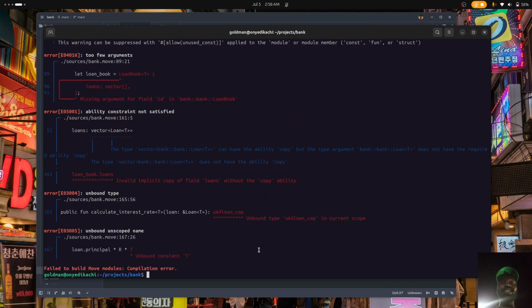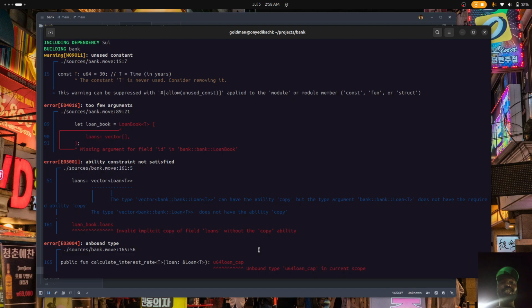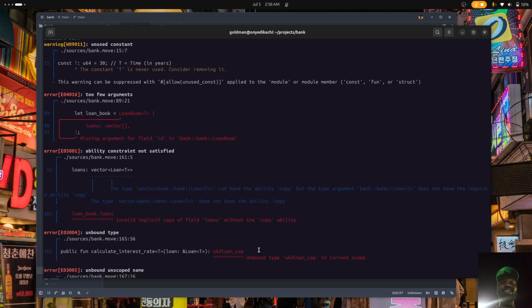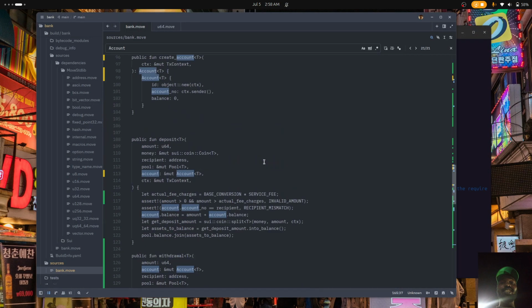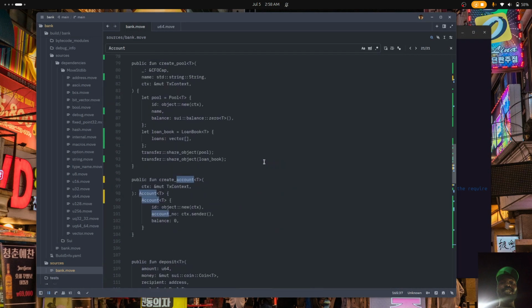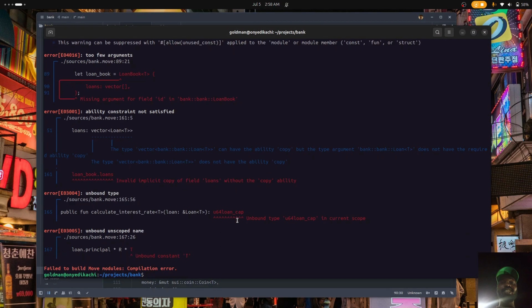Let's see, we'll have some fractions of little errors. Missing argument, what field are you in? 89. Yeah, so 90. Yes. And what else?